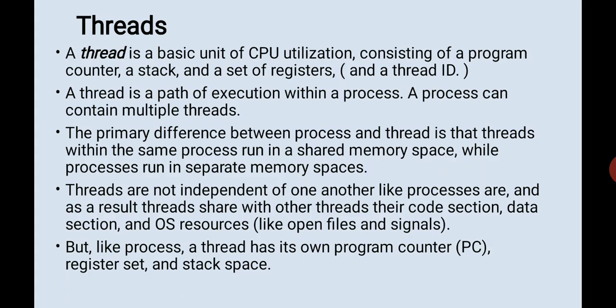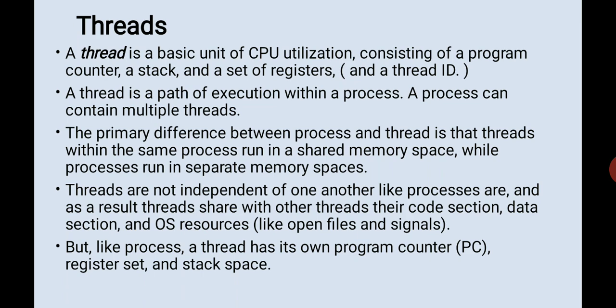The primary difference between process and thread is that threads within the same process run in a shared memory space, while processes run in separate memory space. In the earlier video we studied processes and saw that they have different memory spaces, but this is not the case for threads.